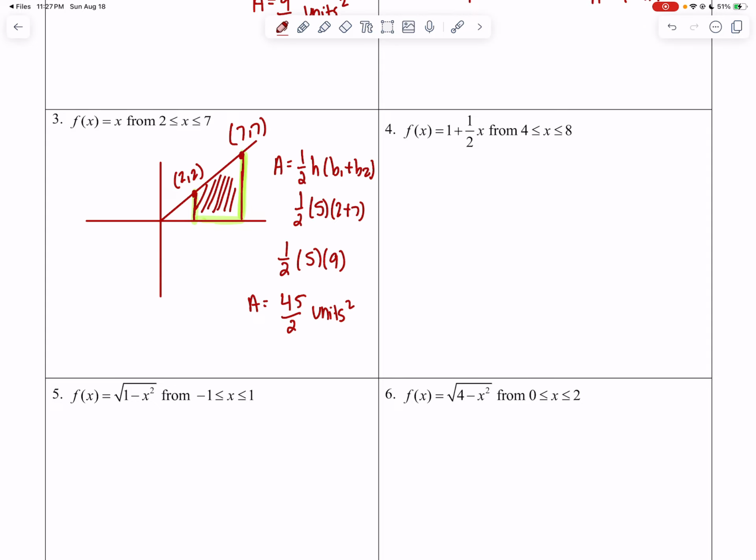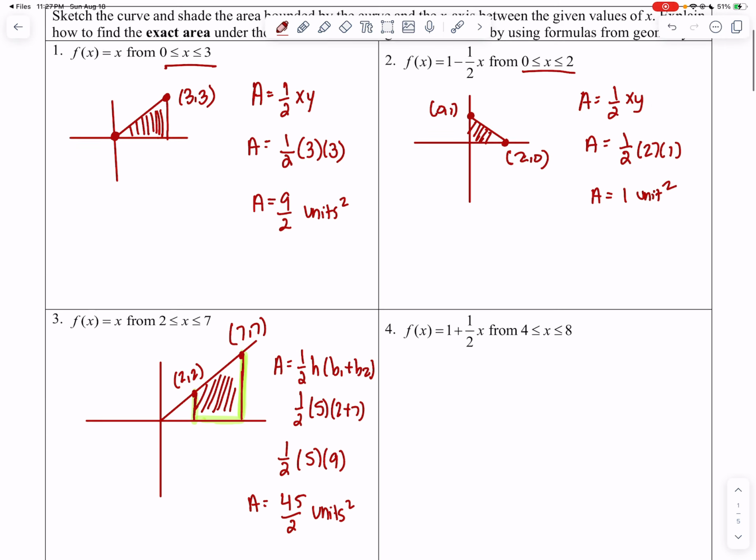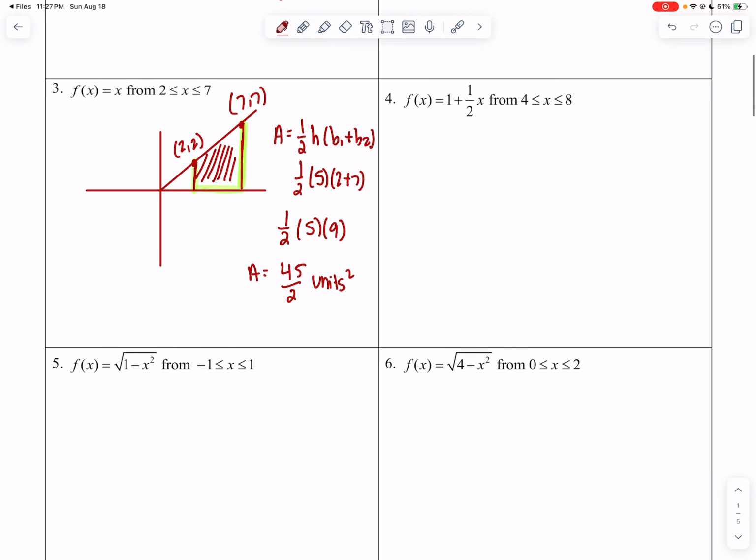All right, same thing with number 4 here. Instead of a minus, we have a plus this time. So I have 1, and then we have 1/2 x. If I were to plug in 4 here, then I'm going to have 1/2 times 4 is 2, 2 plus 1 is 3. If I were to plug in 8, 1/2 times 8 is 4, 4 plus 1 is 5. It's going to be another trapezoid here.